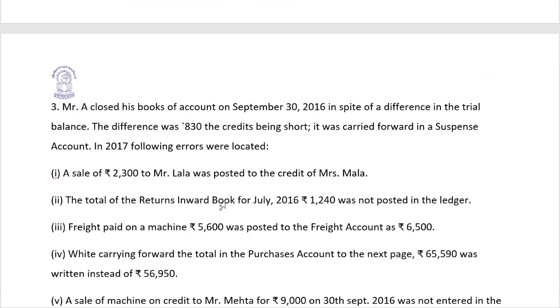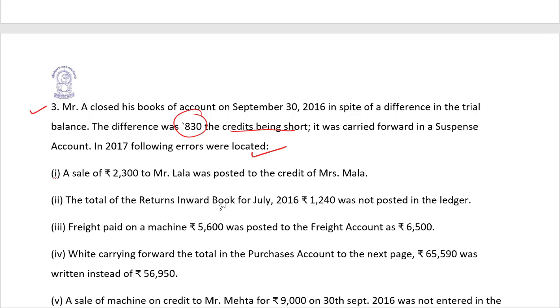Let's move to question number 3 now. Mr. A closed his books of accounts on September 30, 2016. In spite of the difference in the trial balance, the difference was rupees 830 in credit, being short. It was carried forward in a suspense account.